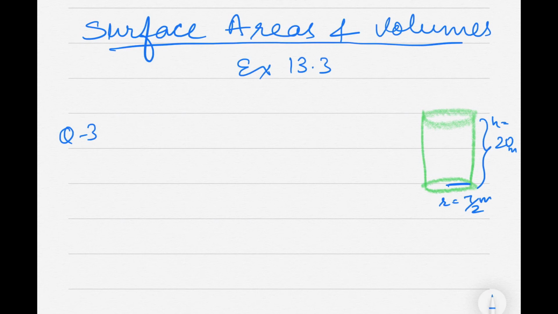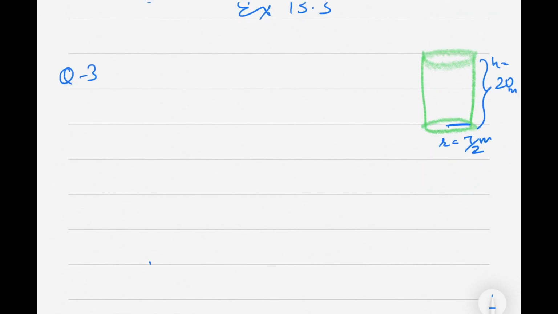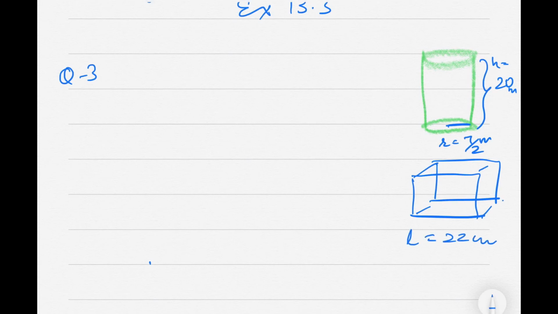This is also in meters. The well is dug and the earth taken out. That means the volume of the cylinder will be equal to the platform. So the platform, I think, is in this form, right? They have made another kind of platform here, whose length is equal to 22 meter, breadth is equal to 14 meter, and we have to find the height.